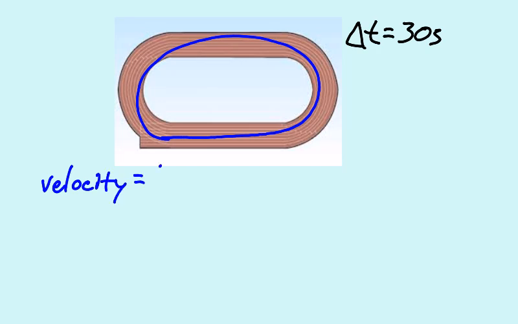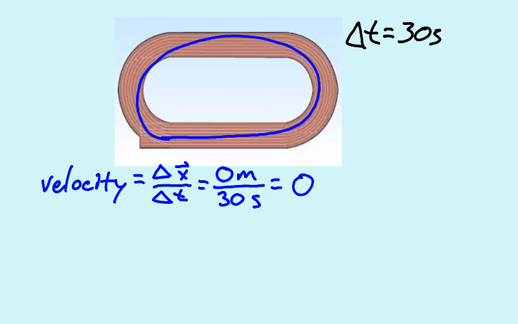So my velocity equals my displacement, which is going to be represented by delta x over delta t, which is my time it took. We already said my displacement is 0 meters because I ended up back where I started, and it took me 30 seconds to do it. This gives me a total velocity of 0 meters per second. So according to velocity, I didn't move.